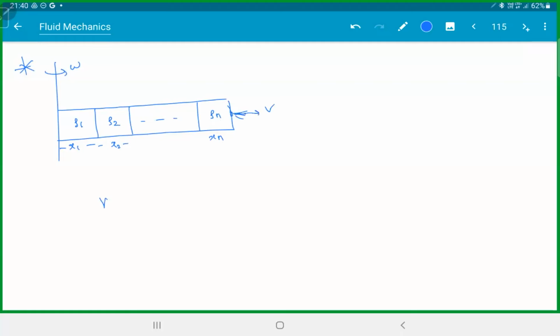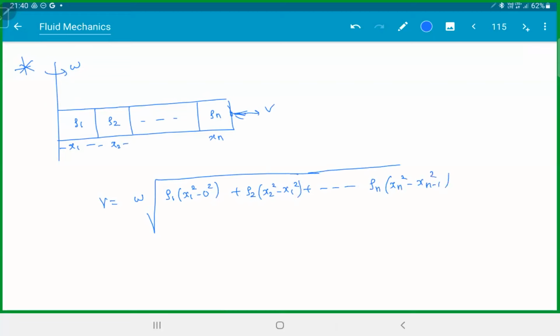This velocity v is given by omega into root over rho 1 (x1 square minus 0 square) plus rho 2 (x2 square minus x1 square) plus so on, rho n (xn square minus xn minus 1 square), all divided by rho n. This is a general formula if there are n liquids of n columns.